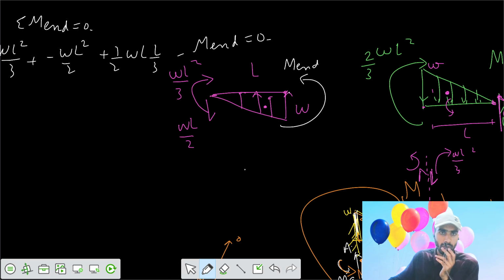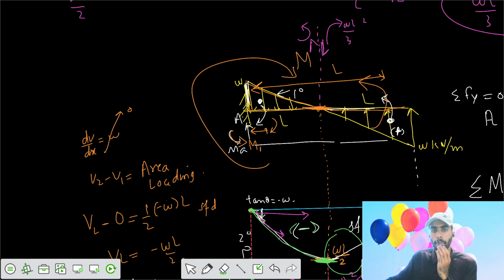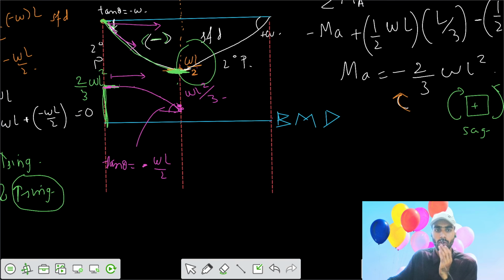That comes out to be 0. So you have the bending moment value here 0.